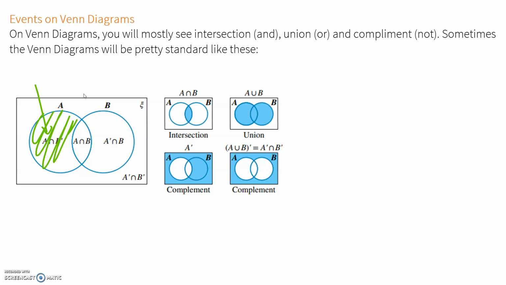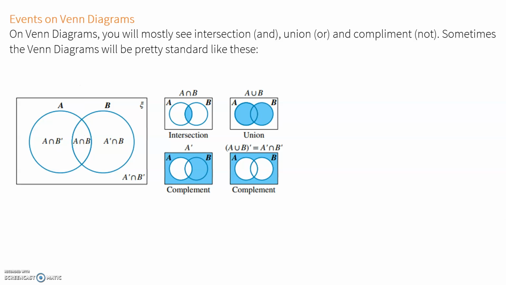This section of the Venn diagram is A and not B, so it's all the parts of A that aren't part of B. And then of course this part in the middle is A and B, so it's all the parts that are A and B at the same time.